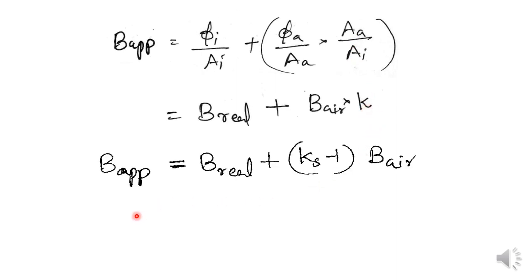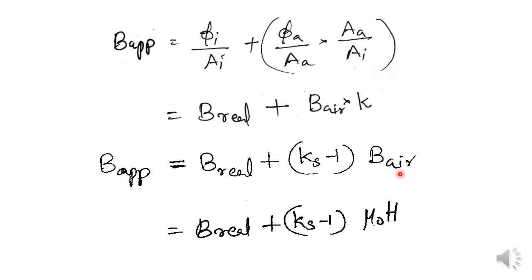Or we can write apparent flux density is equal to real flux density plus, instead of k, KS minus 1 into B air. Or we can write B real plus KS minus 1 into, instead of B air, mu 0 H.